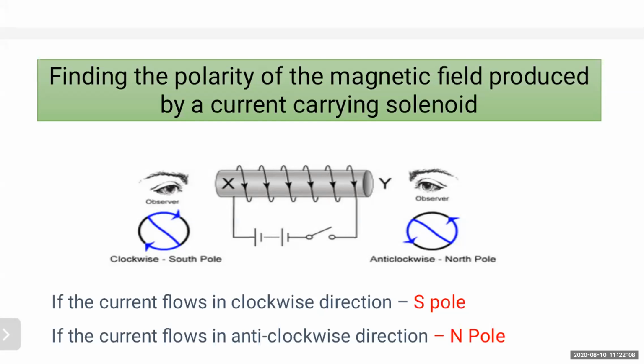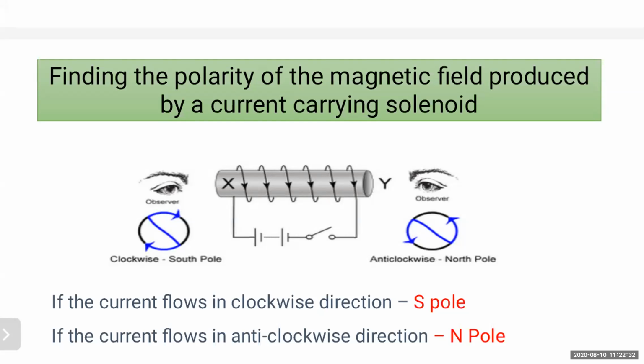So if the current flows in a clockwise direction, it indicates the south pole, and if the current flows in an anti-clockwise direction, it denotes the north pole.